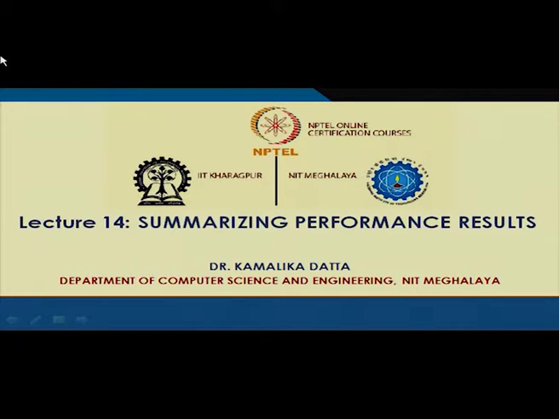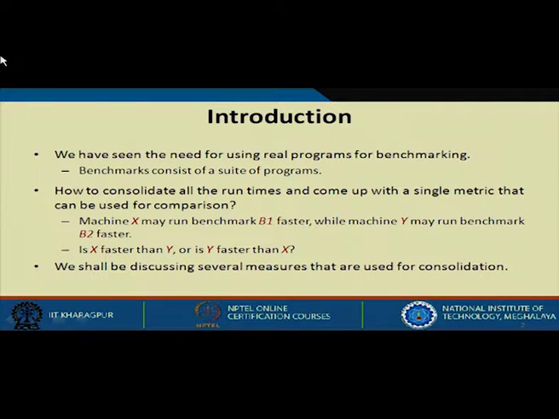So, let us come to lecture 14, where we will be summarizing the performance results. What we have seen till now is that when using real programs for benchmarking, it is very much essential that the benchmark should consist of a set of programs, and those programs should be very much relevant.